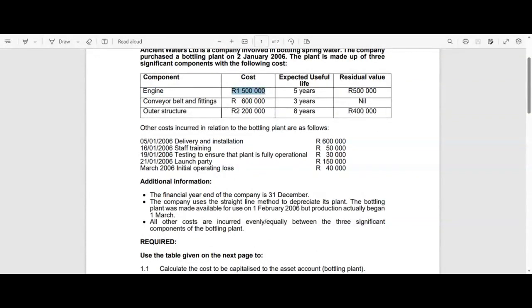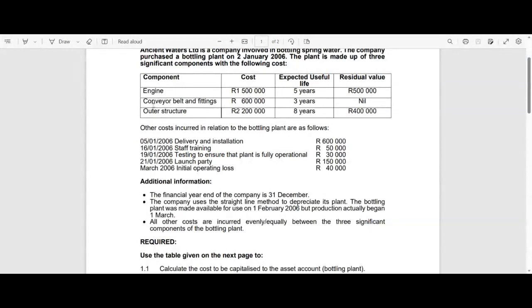1,500,000 rands. We see that it has an expected useful life, that engine on its own, of 5 years, which means we'll have to capitalize it in a separate general ledger account. And it's got a residual value of 500,000 rands estimated at the end of its useful lifetime.